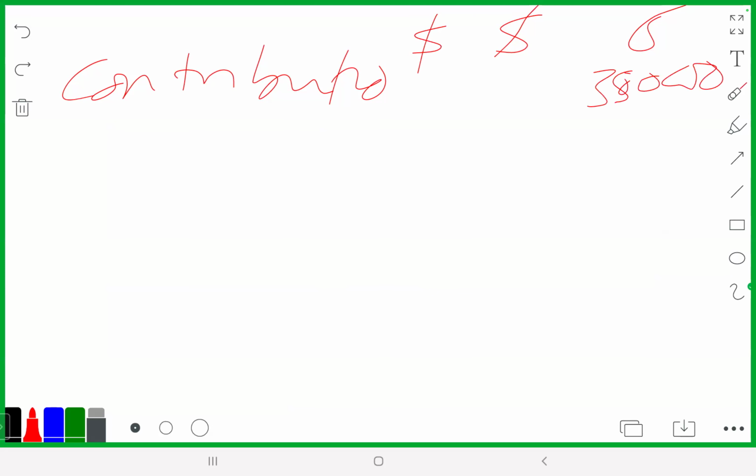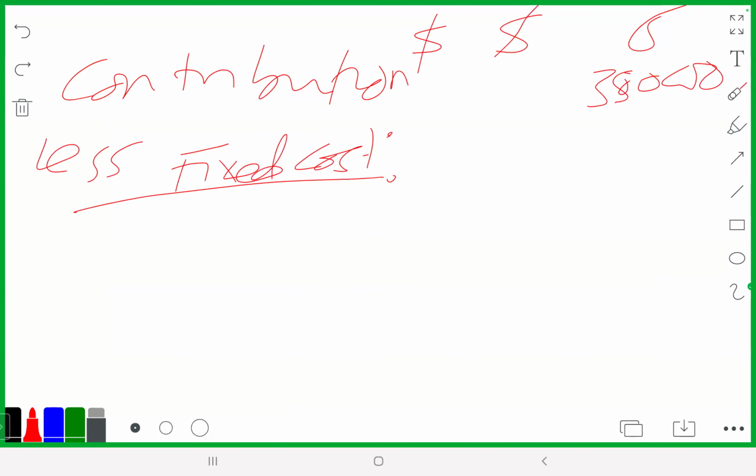Yes. So from the contribution, you can now less fixed costs. When you're lessing the fixed costs, you know that they are categorized into production fixed costs and non-production fixed costs. So you can less the fixed production costs.